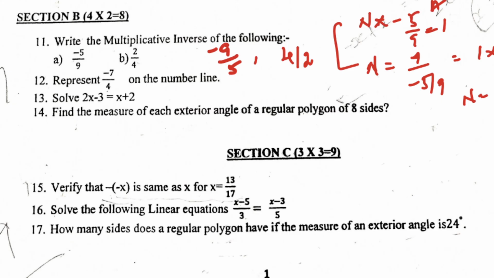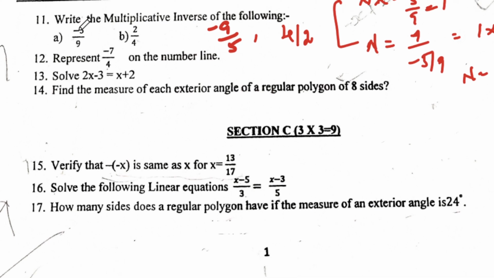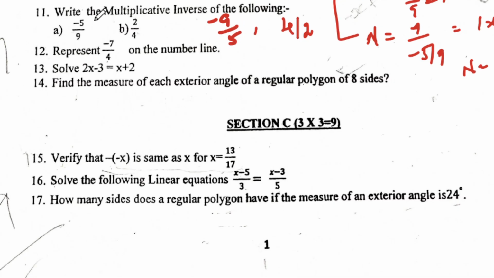So this is equal to minus 9 by 5. You can give this description, or you can simply write the multiplicative inverse of minus 5 by 9 is minus 9 by 5, because it's only 1 mark for each answer.